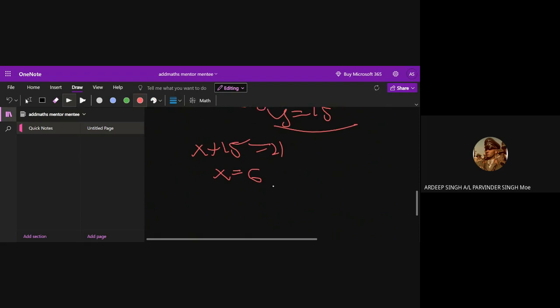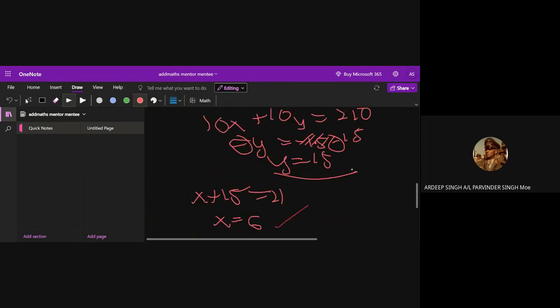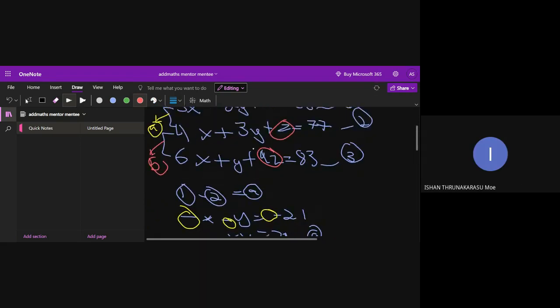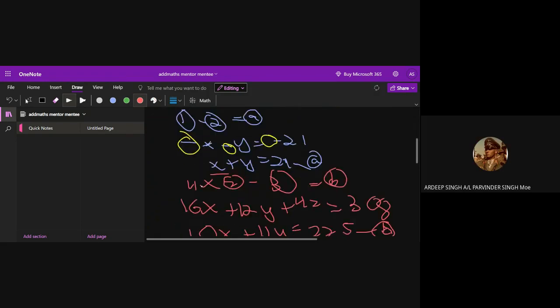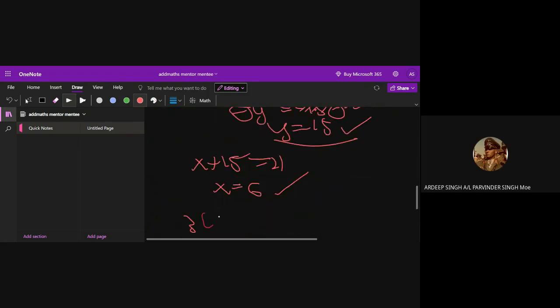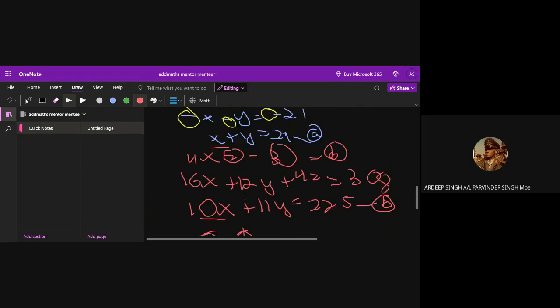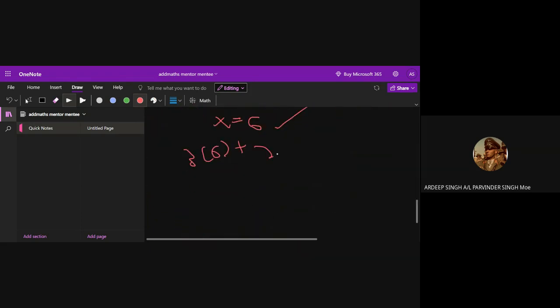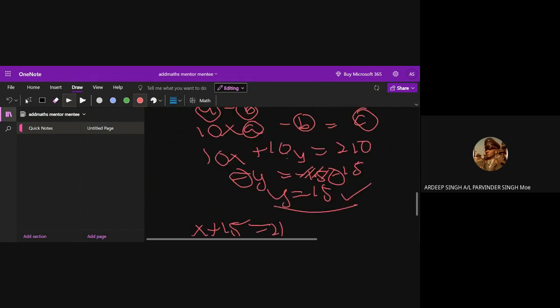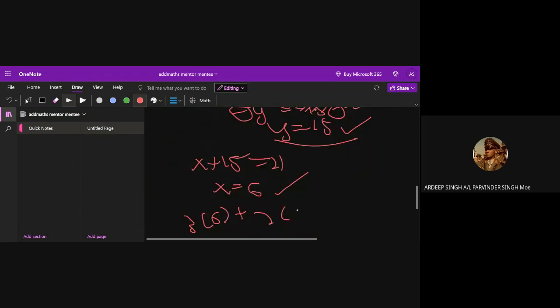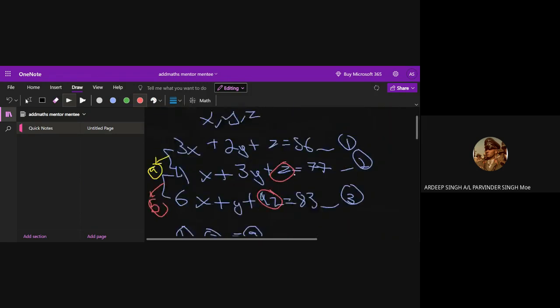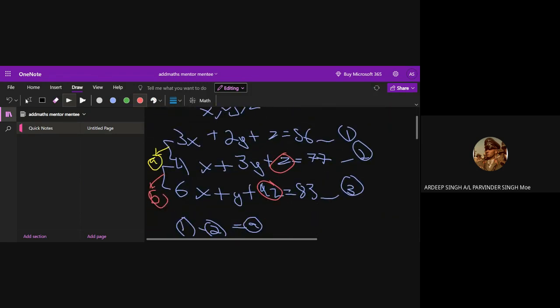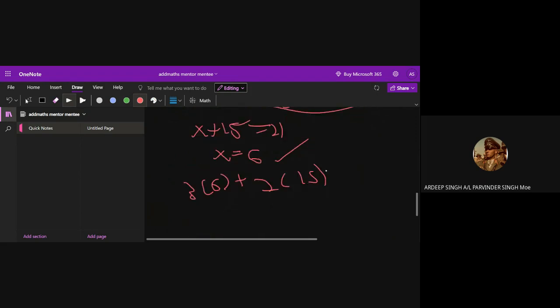Now we got the x, we got the y. Then substitute. So 3x, 3 times 6 is 18, plus 2y, y is 15, so 30, plus z equals to 56.